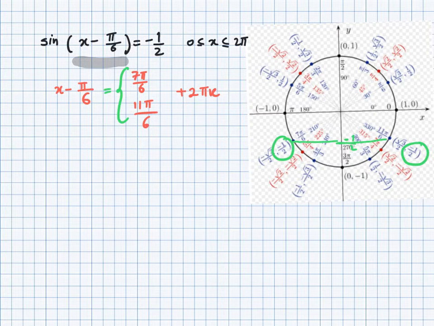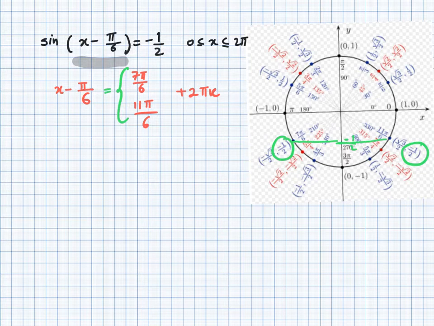As I said before in part 1, sometimes we do have to check for more solutions, maybe the solutions that are outside the required domain, just to see if they are within or outside the required domain.